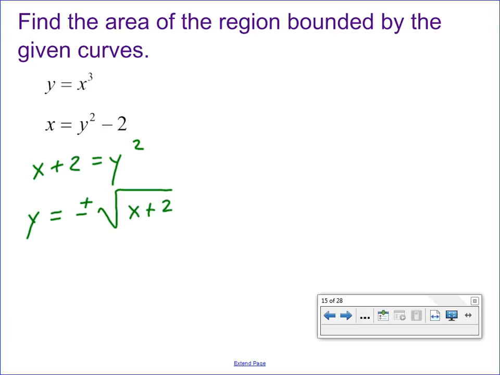So it looks like we've got a sideways parabola that's been shifted to the left 2 units. Good. Opens to the right. On top, y equals x cubed. I'll do that in blue. All right, let's see if we can get a picture of this region.